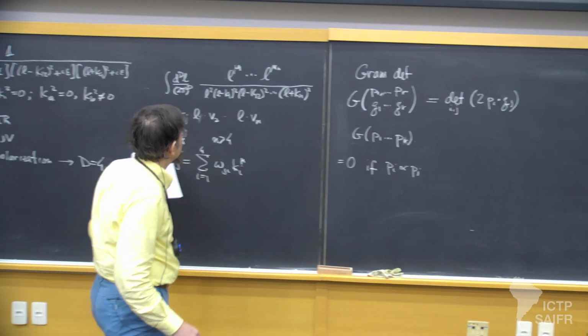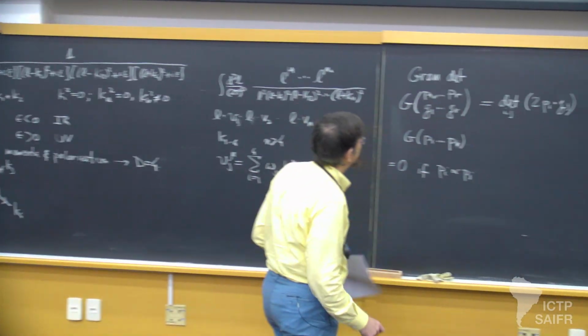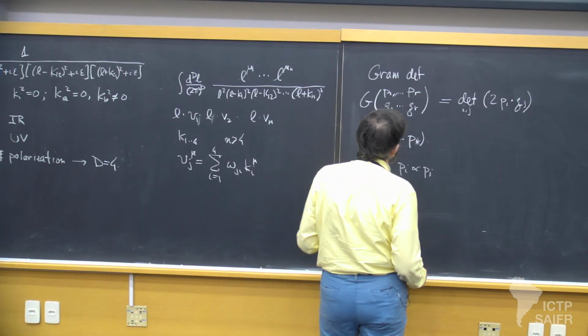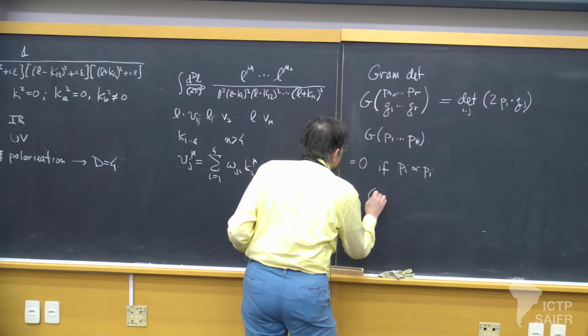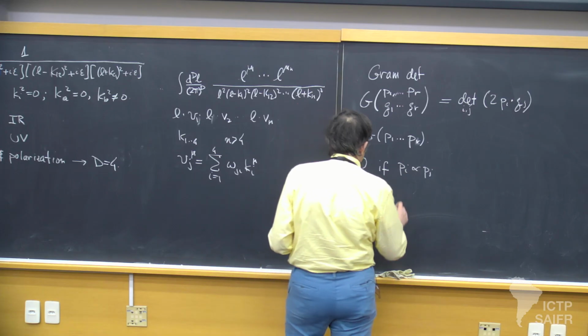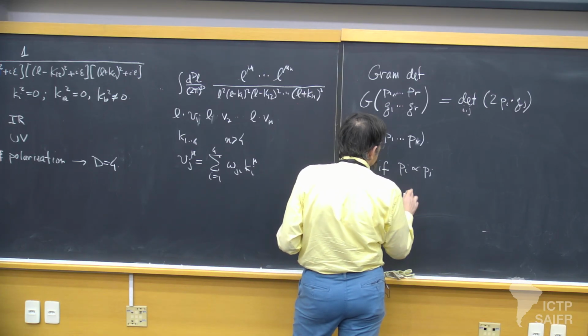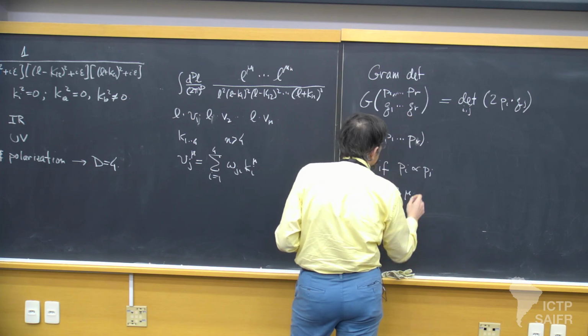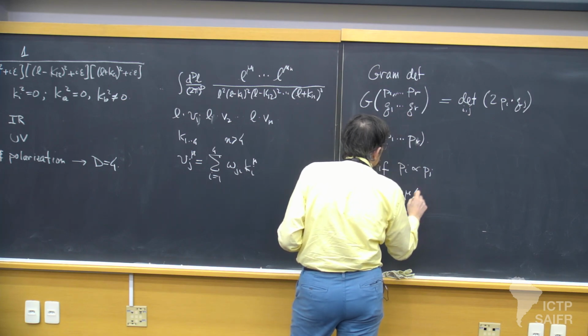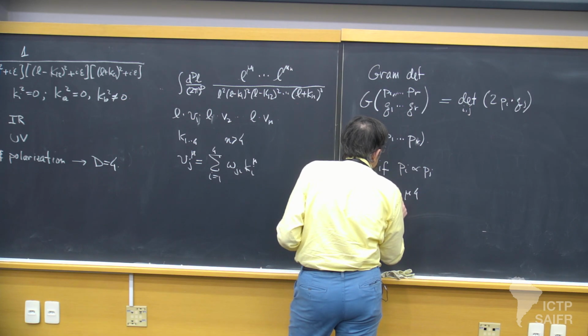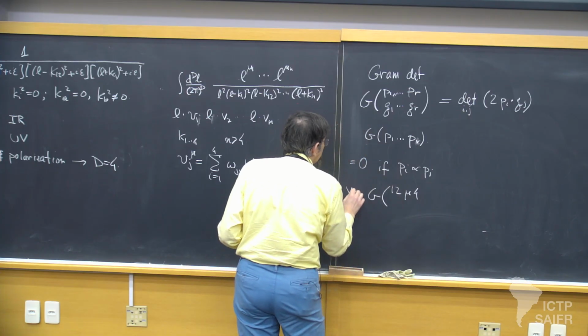So you can, likewise, if you differentiate with respect to one of the momenta here, then you can define a Gram determinant, for example, with an index free. So if I differentiate with respect to the third p, then I would get an object which you can think of as a dual vector.